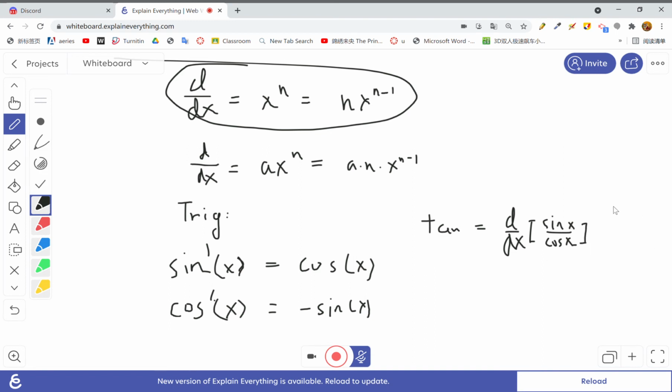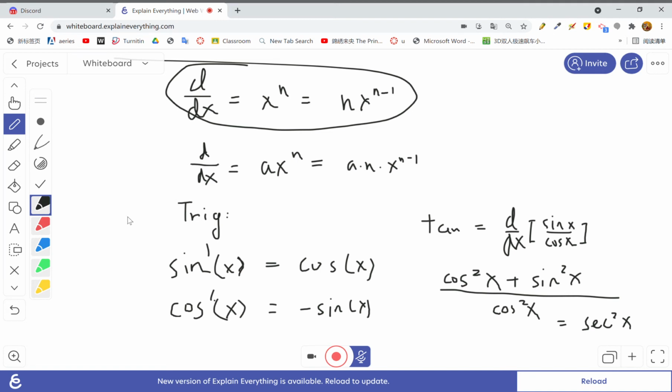We can use the quotient rule, which gives cosine squared x plus, because the derivative of cosine x is negative sine x, plus sine squared x over cosine squared x, which is equal to 1 over cosine squared x, and since 1 over cosine is secant, this is equal to secant squared x.